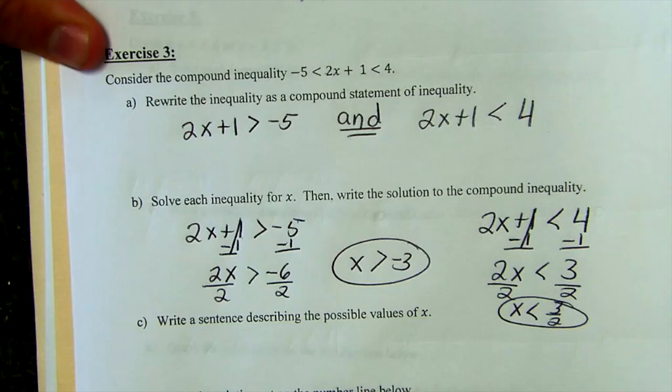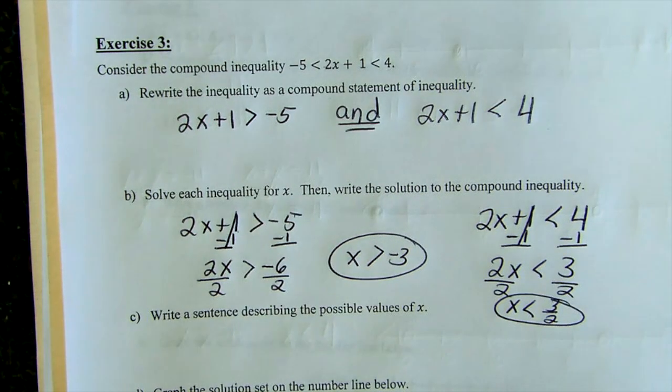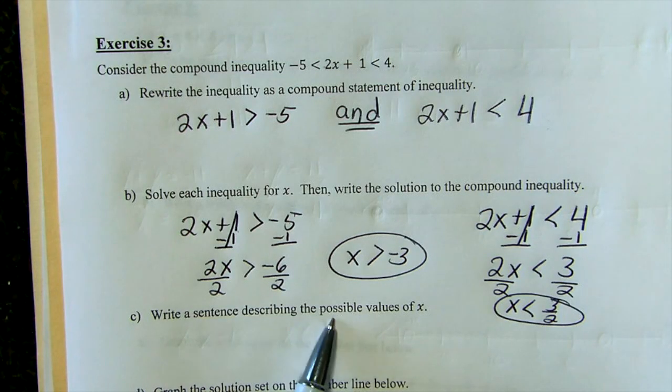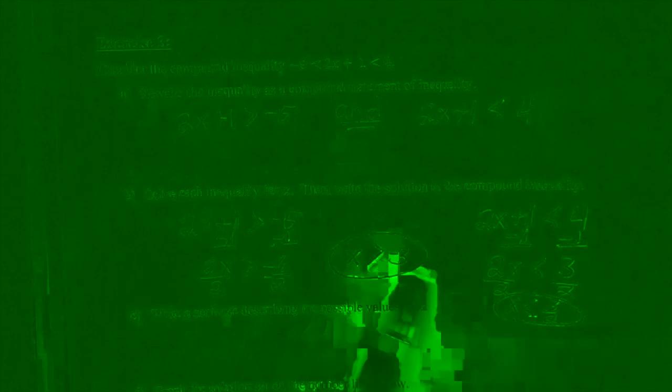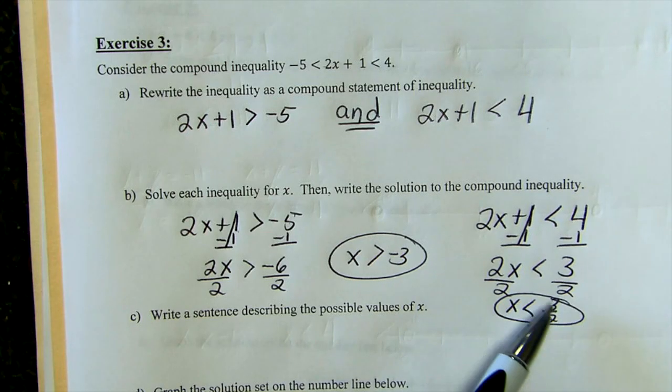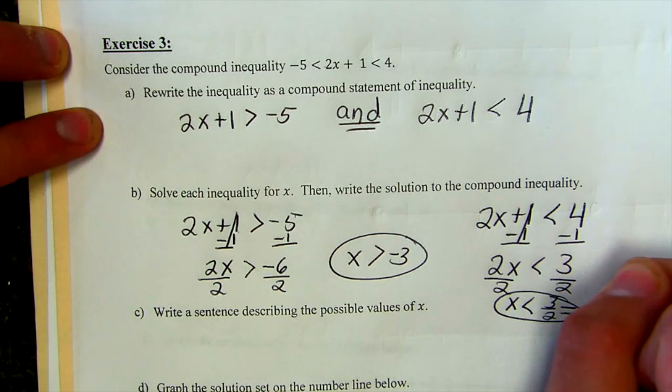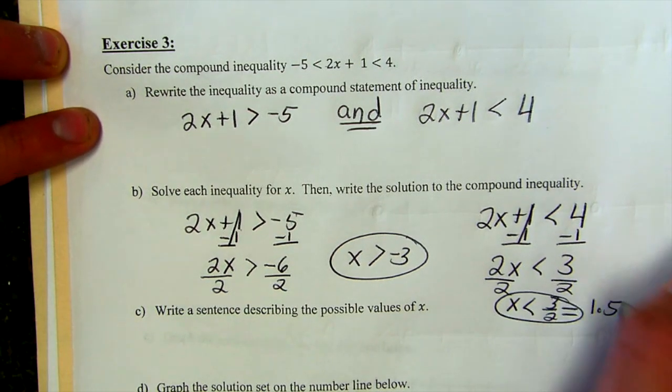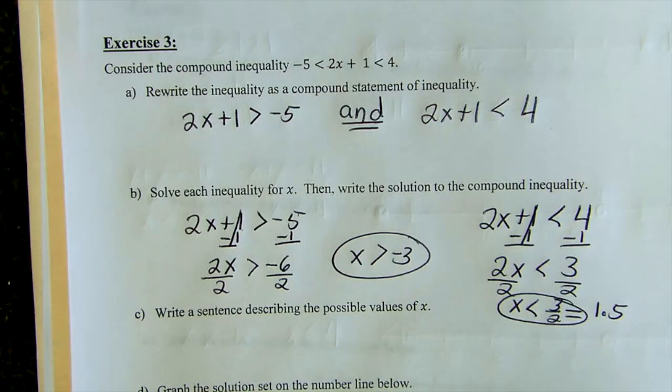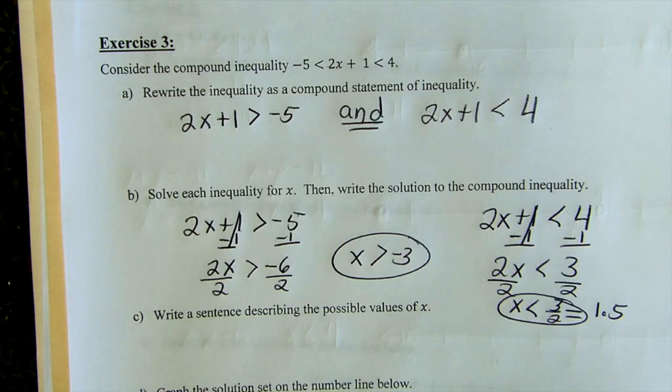And in this case, we want to write a sentence to describe the possible values of x. Well, x has to be between negative 3 and 3 over 2. And 3 over 2 as a decimal is the same thing as 1.5, just so on our number line we can figure out where we're going to put our point. So now we have to write a sentence describing the possible values of x.